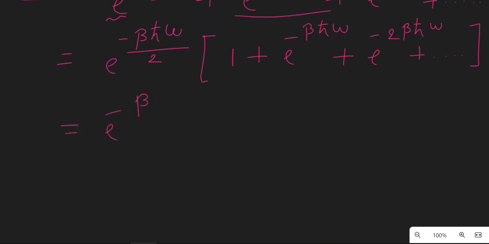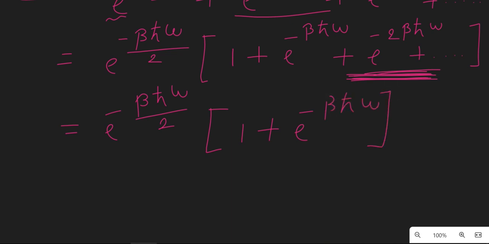This e raised to minus beta h cut omega upon 2, I take as it is, and in this bracket term I neglect the higher order term because it will be very small. So I am left with 1 plus e raised to minus beta h cut omega.